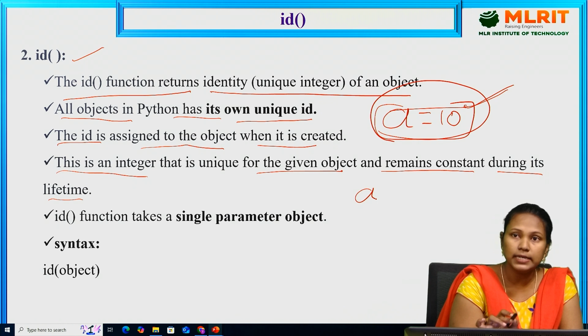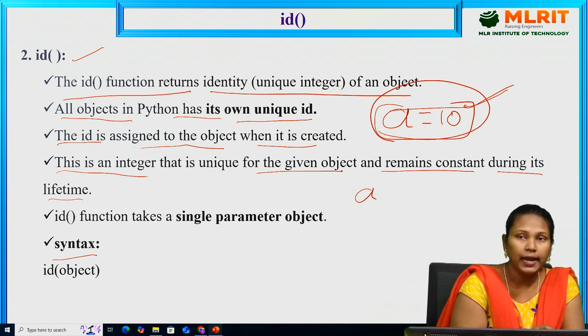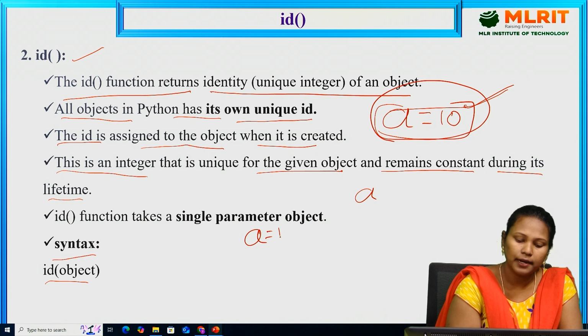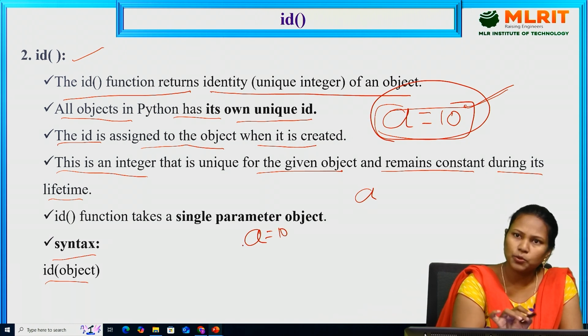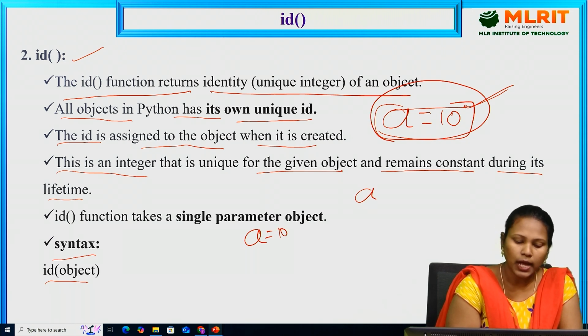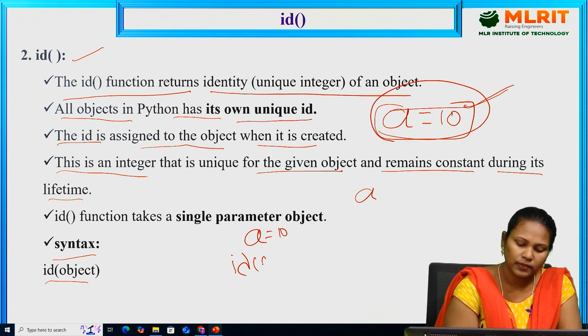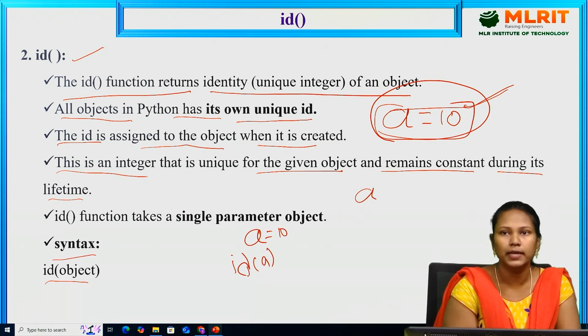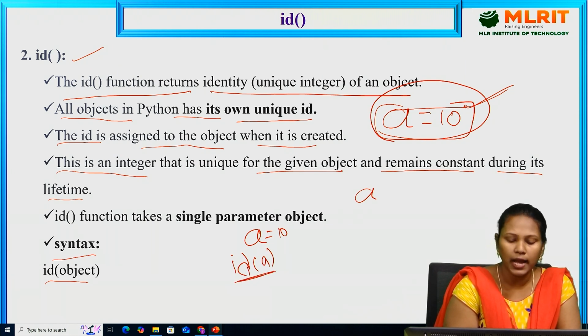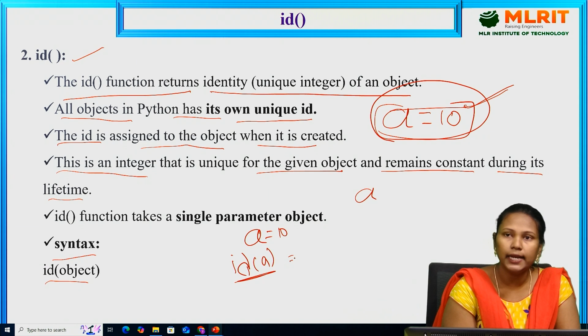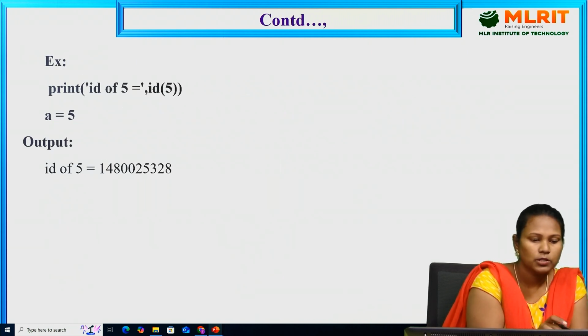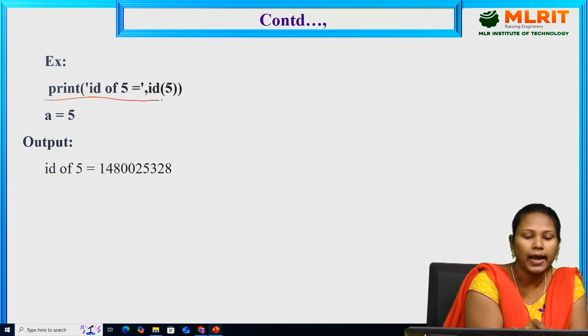The syntax for id is id(object). For example, I declared a is equal to 10. a is stored in one particular location. So the id of a, where the object is the variable here. I want to find out the id of a. It is an integer value, a unique id. The example, print id of 5.